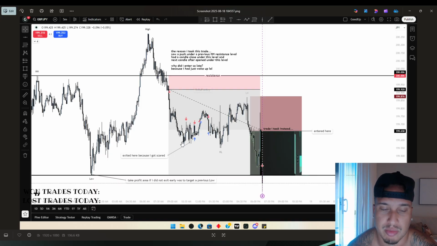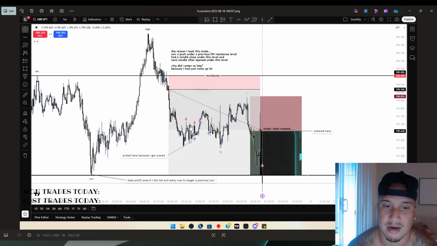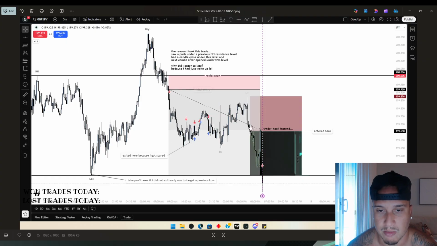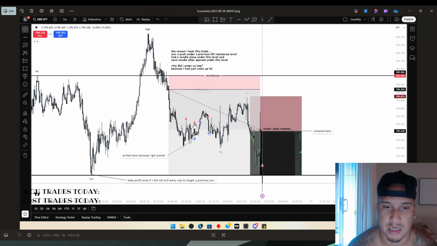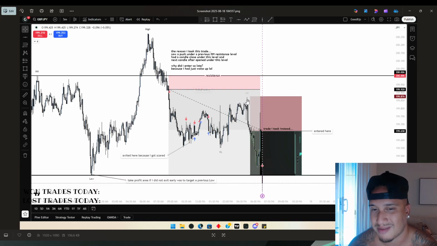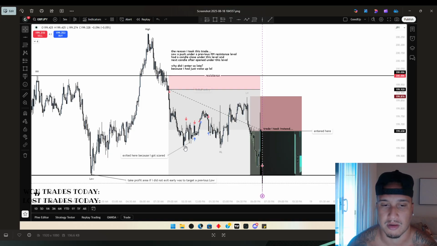We still took some profit, but we got out early because I got scared of this big move right here, which was a pullback within itself. From here to here, you could have hypothetically gotten in for a buy.